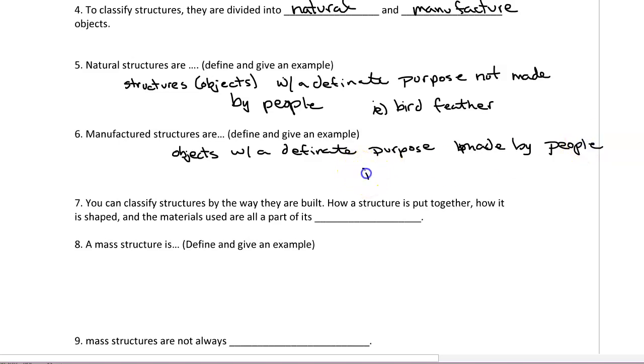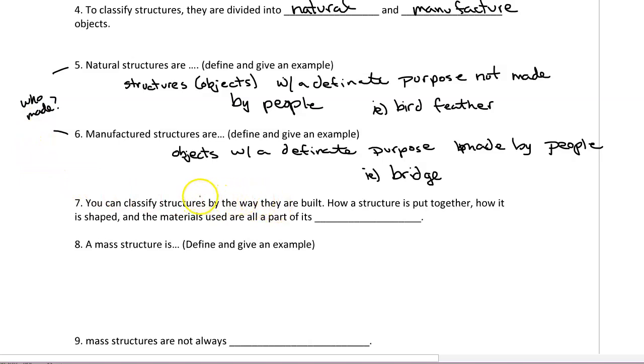Okay, and so an example of this might be something like a bridge. Okay, and so these are ways that we classify structures based on who made them, right? So who made is this one.